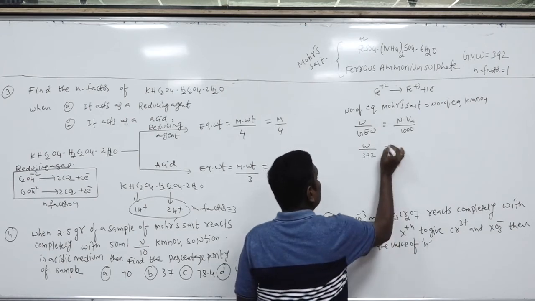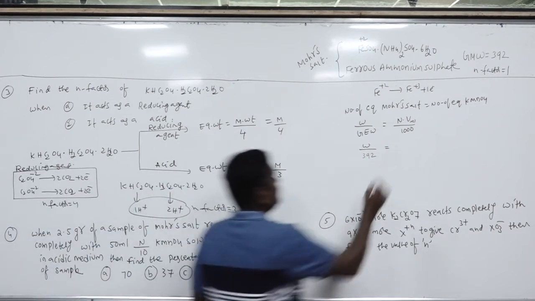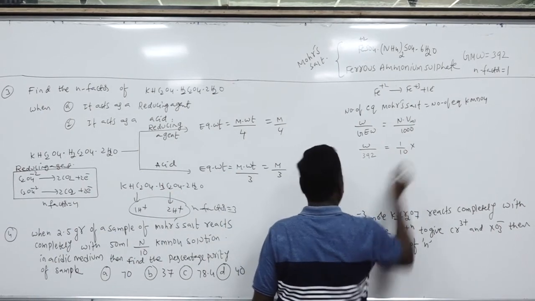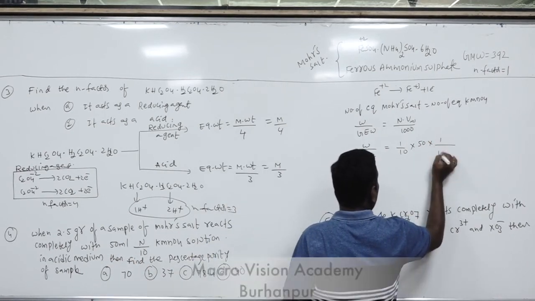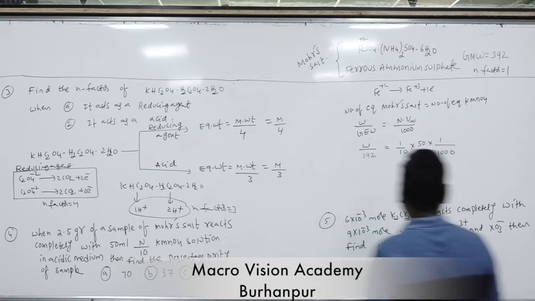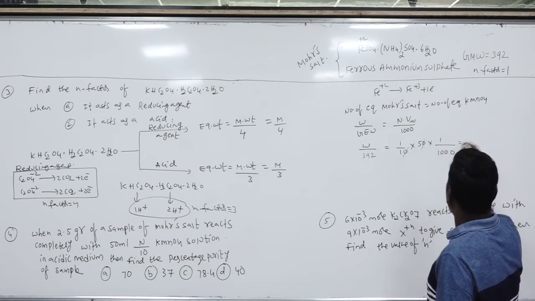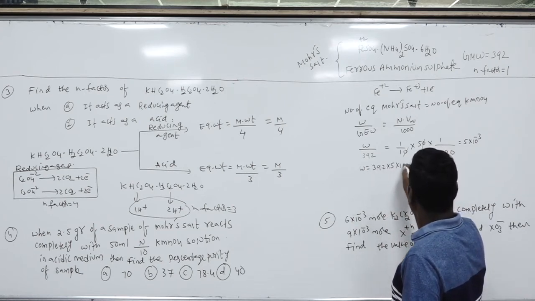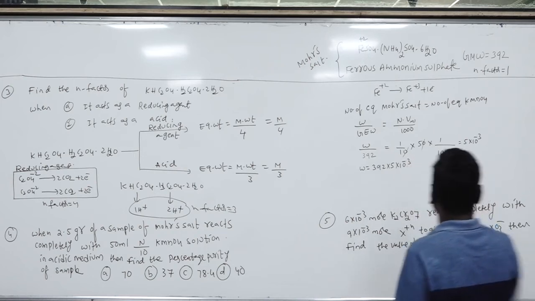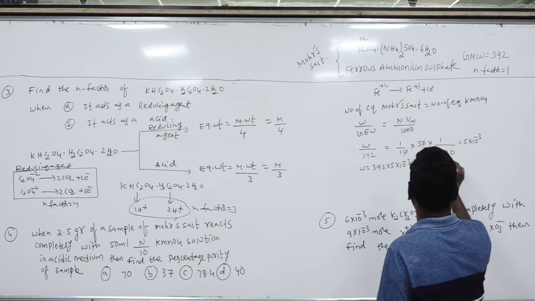It is equal to the normality of KMnO4, 1 by 10, multiplied by the volume, 50, divided by 1000. Now it will be 5 into 10 raised to minus 3. So W is equal to 392 into 5 into 10 raised to minus 3, which is exactly 1.92 grams.